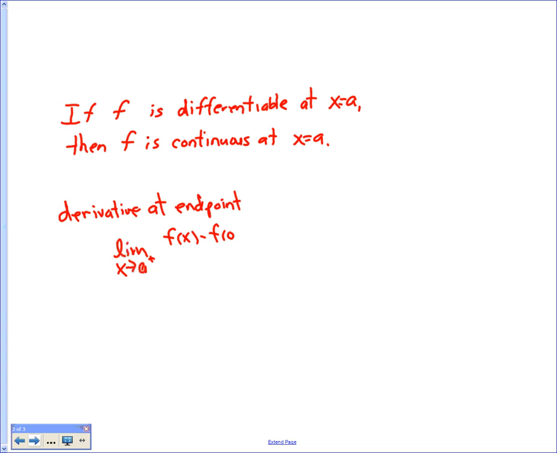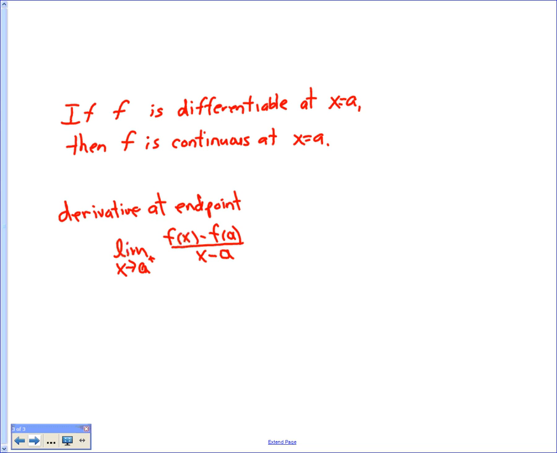It will depend on which endpoint we're looking at to determine which limit we use. For a left endpoint, we're going to use the limit as we approach it from the right. And for a right endpoint, we're going to look at the limit as we approach from the left. And those should be a's instead of zeros. And this is an a.